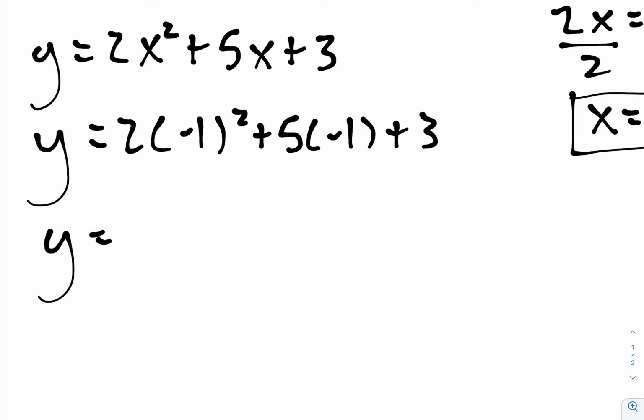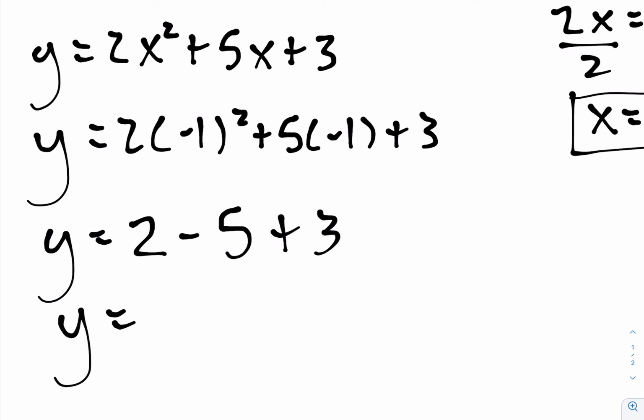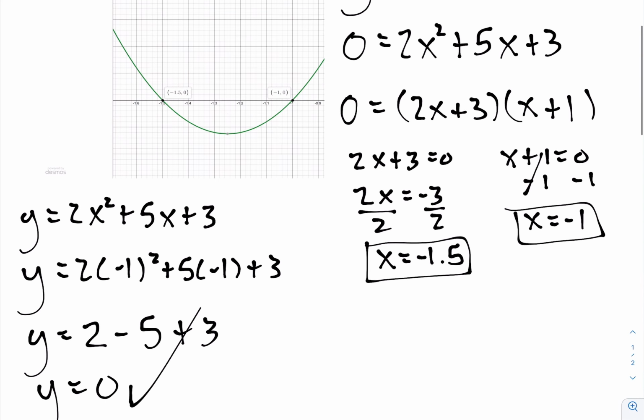Negative 1 times negative 1 is positive 1. So 2 times positive 1 is 2. We got 5 times negative 1. That's going to be negative 5. So 2 minus 5, and we got that plus 3. 2 minus 5 is negative 3, plus 3 is going to be 0. So this also works. Okay, so both of our solutions work.